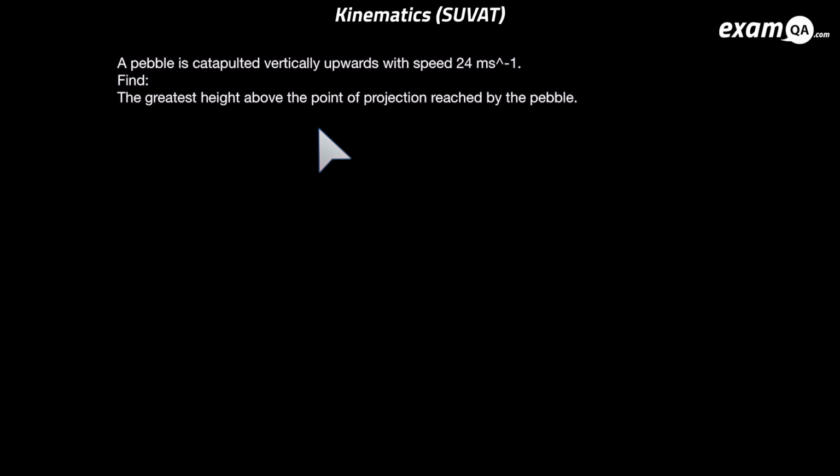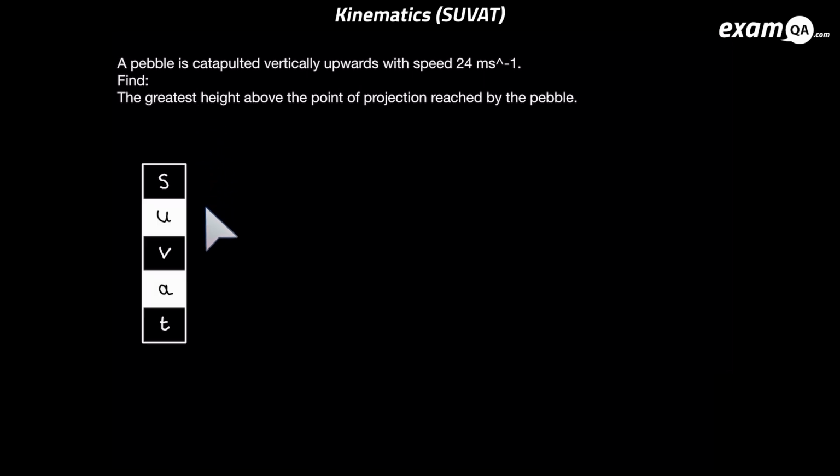Since it's on its way up, we'll say acceleration is minus 9.8. Also, the question mentions that it goes to its highest height. And we should know when something reaches its highest height, we know it has a final velocity of 0. So we're okay to do SUVAT here, since we have 3 pieces of information. To use the SUVAT formulas, you always need 3 pieces of information known to you.